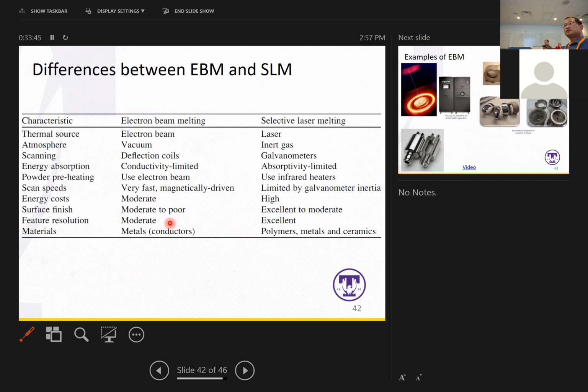Actually, one thing I don't get is it seems the SLS has better properties in many of these aspects. Then what's the necessity for EBM? Why are people still developing this? Very controlled.